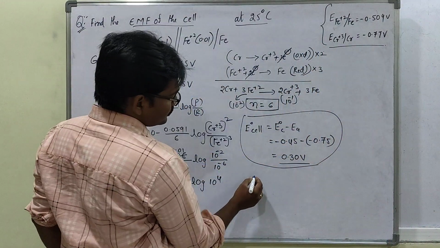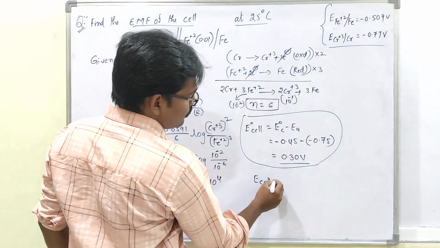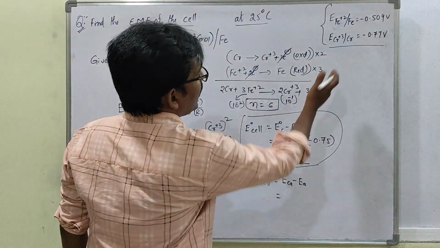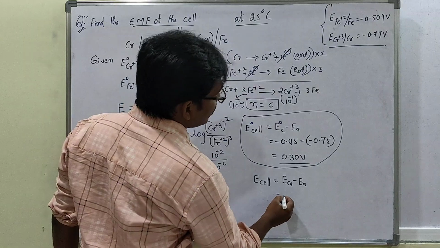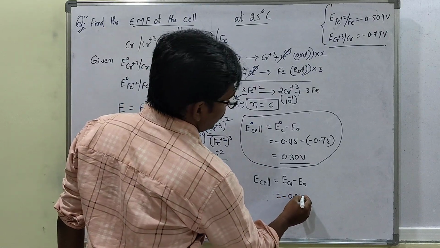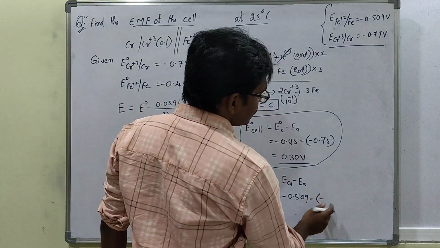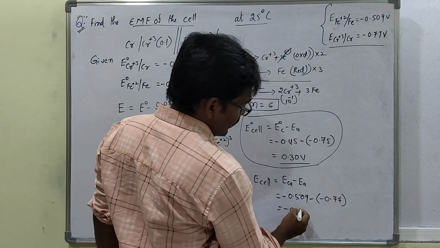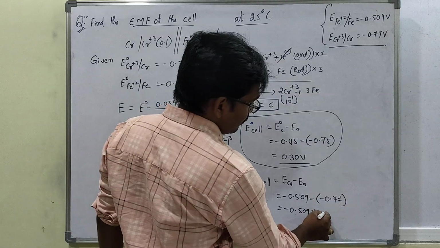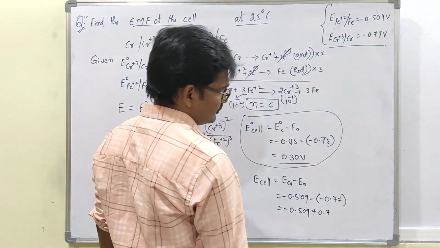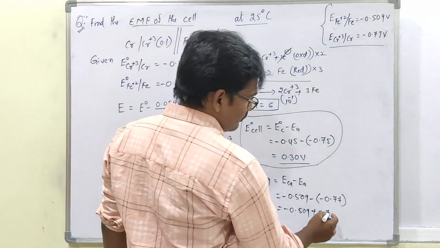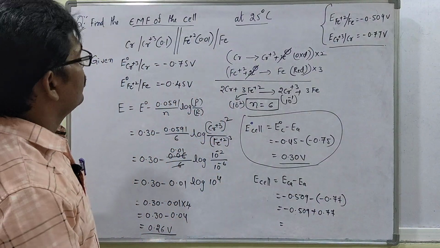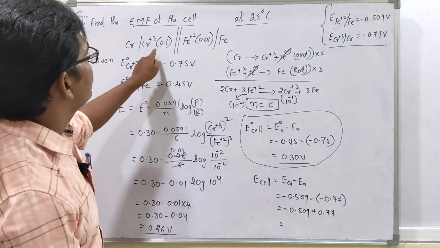So look at here, this is E cell, not E0 cell. E cell equals E of cathode minus E of anode. What is the cathode? Iron. So how much is the iron value? Minus 0.509, then minus of minus 0.77 volts, that is minus 0.509 plus 0.77 volts, right? So that is the anode, which is anode? This is anode, right?